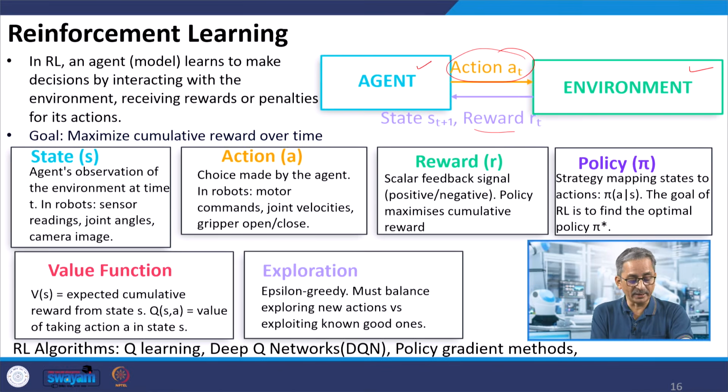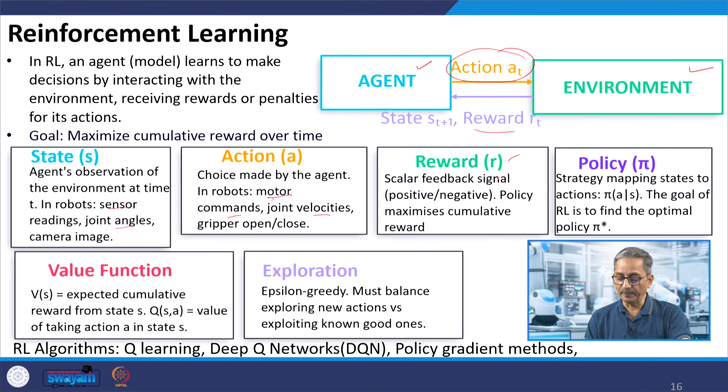Here the state is basically the agent's observation of the environment at a time. It could be a sensor reading, joint angle, camera image and so on. Action is the choice made by the agent. In robotics it could be a motor command, joint velocities, or whether we want the gripper to open or close. The reward is a scalar feedback signal.